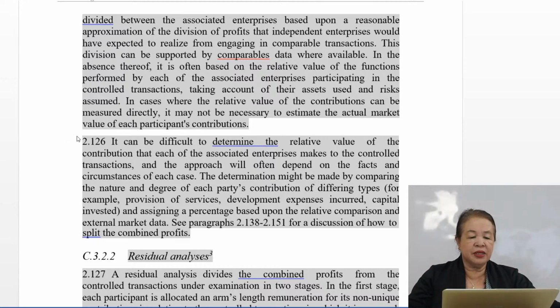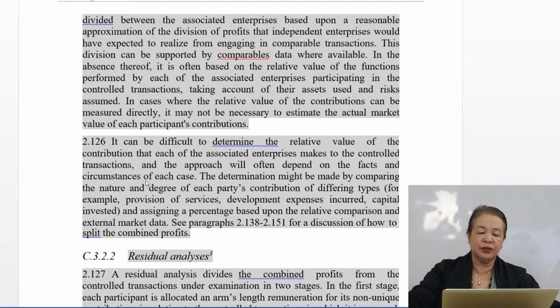In the absence thereof, it is often based on the relative value of the functions performed by each of the associated enterprises participating in the controlled transactions, taking account of their assets used and risk assumed. So in cases where the relative value of the contributions can be measured directly, it may not be necessary to estimate the actual market value of its participants' contributions. No?